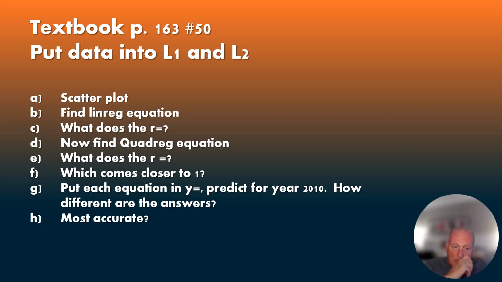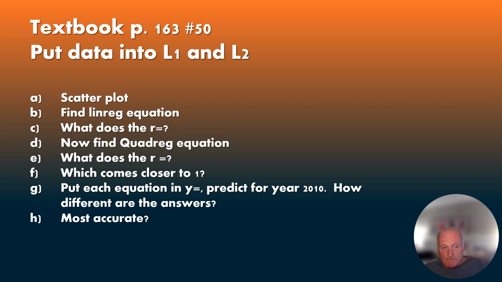What you're going to see is that little r if you've pushed diagnostics on. All right, you're going to perform a scatter plot of problem 50 on page 163 after you've put in the data in L1, L2. You guys are good at that now, you're fast.